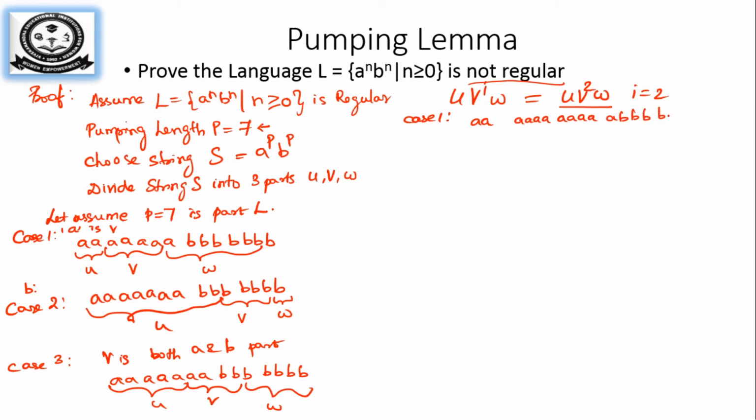So this is U, this is V squared, and this is W. So the first condition is whether they all belong to the language. Yes, it belongs to the language, and i is greater than or equal to 2. So condition 1 is satisfied.